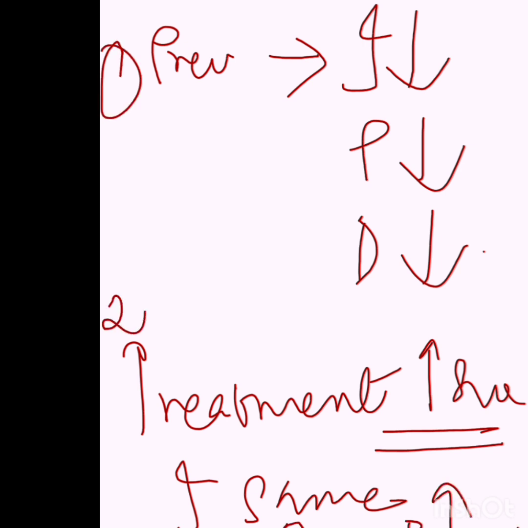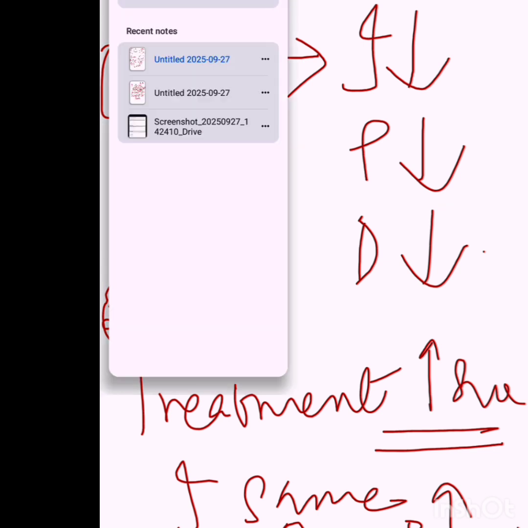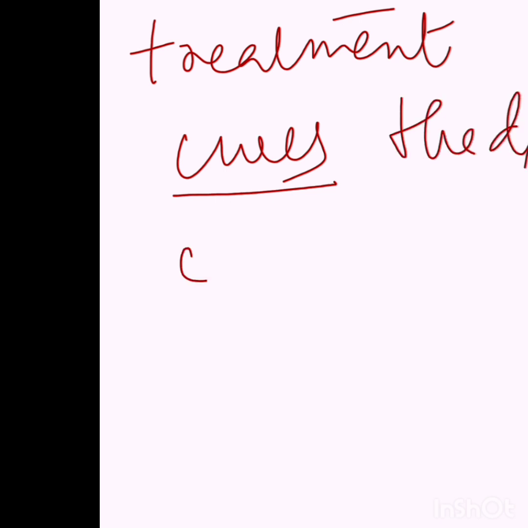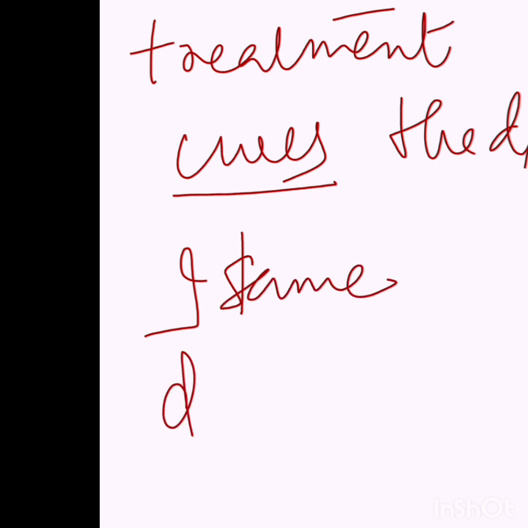That is the second point. And the third point is, if it is a treatment that cures the disease, very important, then incidence remains the same, duration decreases because it cures the disease, and prevalence also decreases. These are the basic steps you have to study for solving this kind of question.